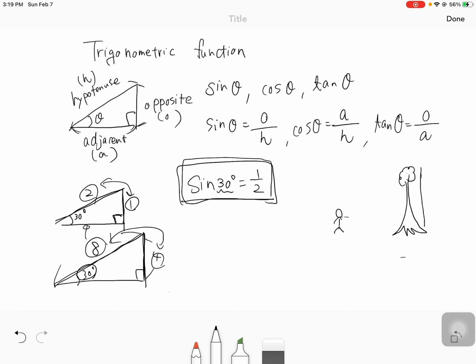So what they do is they calculate the distance here, and they calculate the distance here. Let me put x. And they also calculate the angle from here to the top. Then if they use tangent, they can calculate the height here.